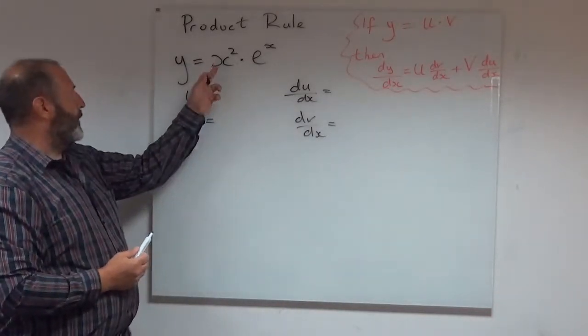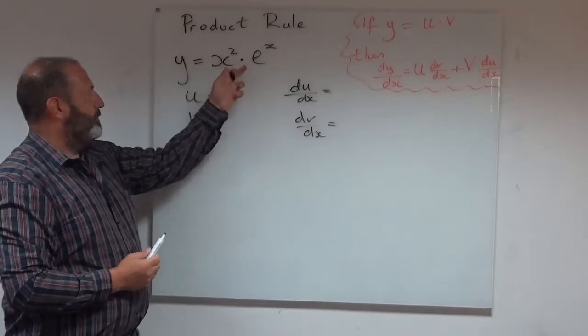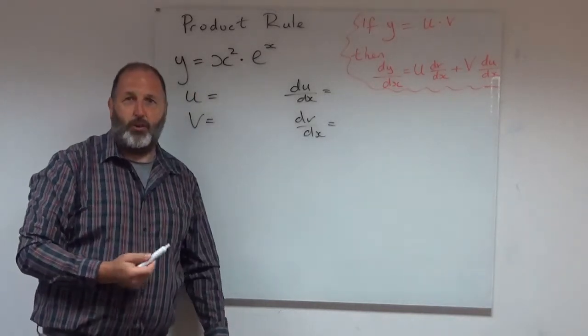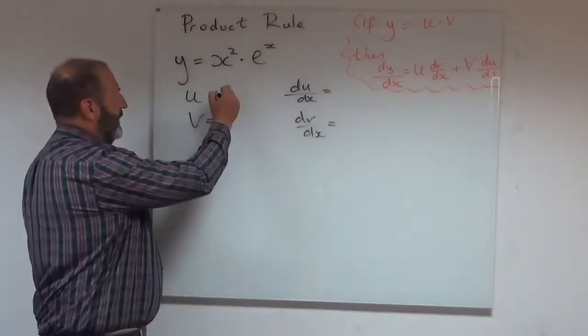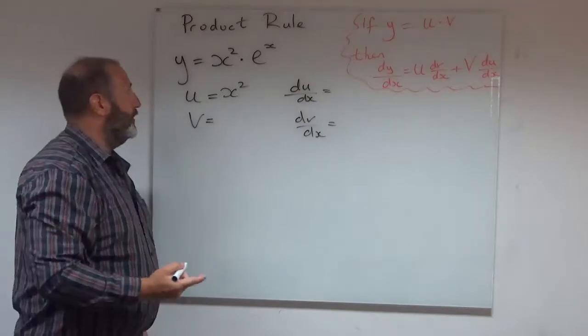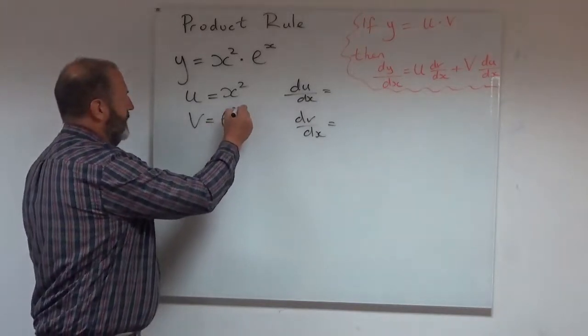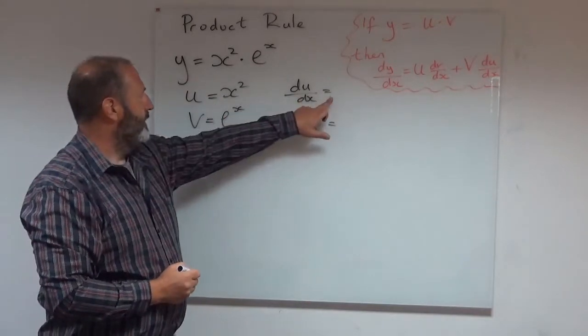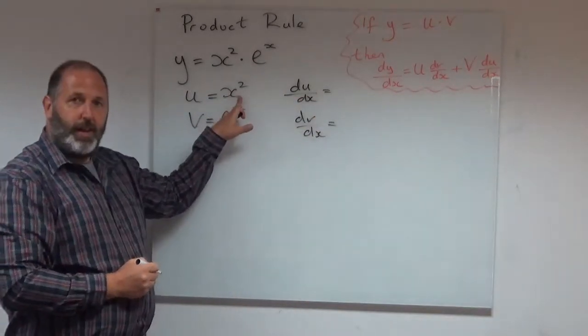So we look at this product and it's a multiplication, so it doesn't matter which one is u and which one is v. I mean, 3 times 4 is the same as 4 times 3, so I'm going to let the very first term I see be u. Therefore the other term has to be v. And then I look across this line and I have to differentiate x squared.